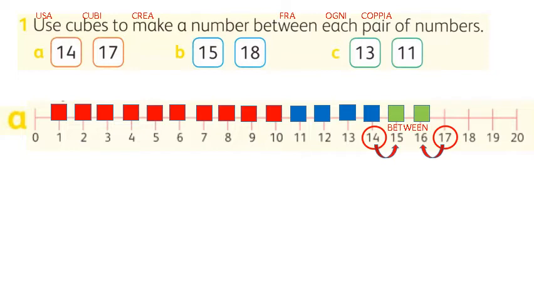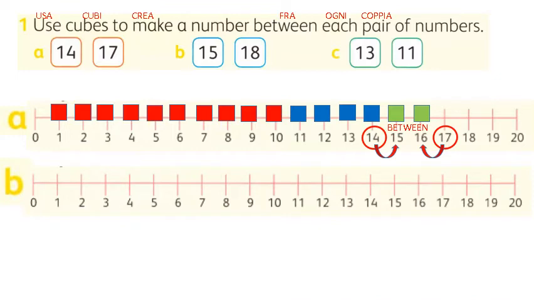Let's take a look at B. 15 and 18 on our number line. Here we have 15, here we have 18. The numbers between are the numbers that are more than 15 and the numbers that are less than 18.